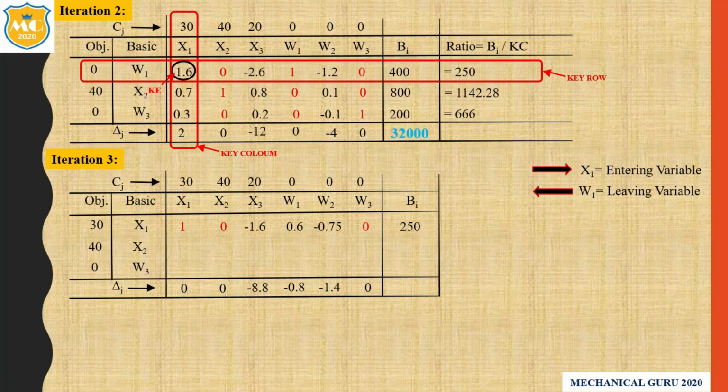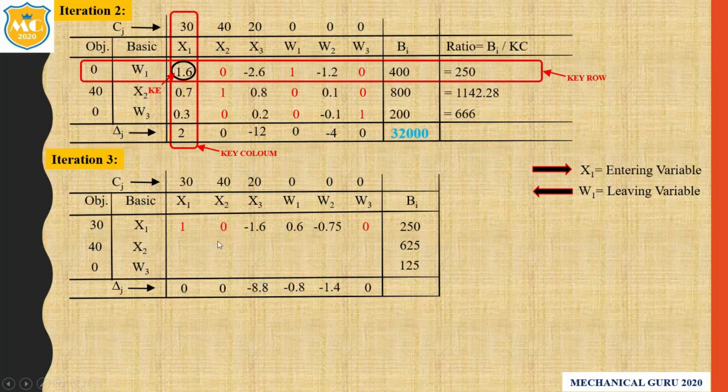Now we just have to find out these two resource values, using the same equation. Old number, that is 800, minus corresponding key row 400 into corresponding key column 0.7, divided by 1.6. So here we get 625, and the same way here we get 125.